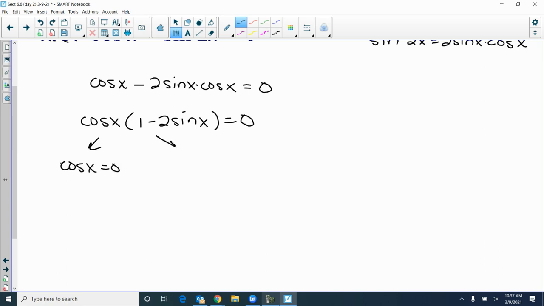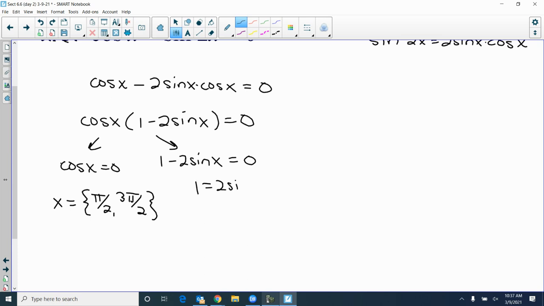So cosine x equals 0. 1 minus 2 sine of x equals 0. Well, where's cosine equals 0? That's going to be at pi over 2 and 3 pi over 2. Okay, 90 degrees and 270. And what do I get here? 1 equals 2 sine of x.